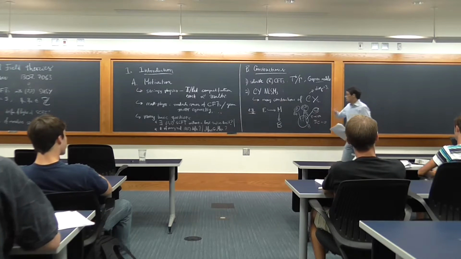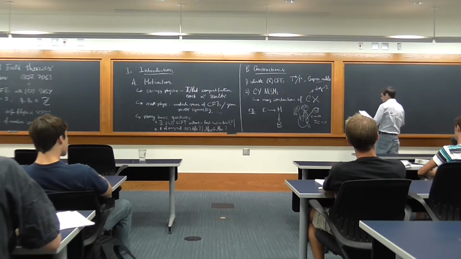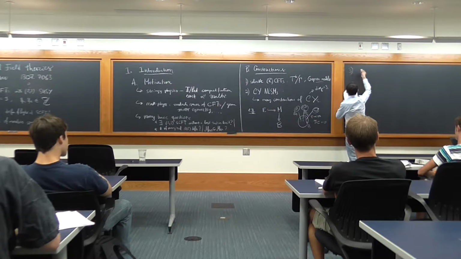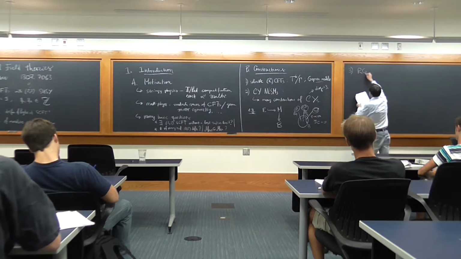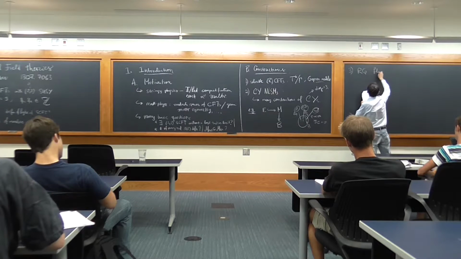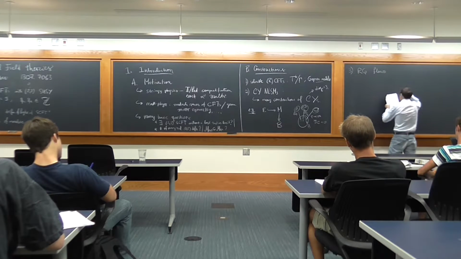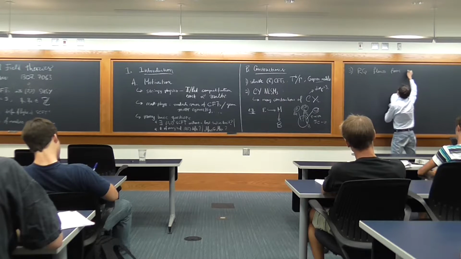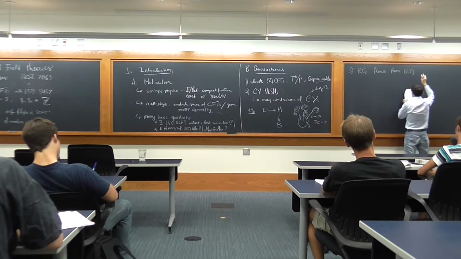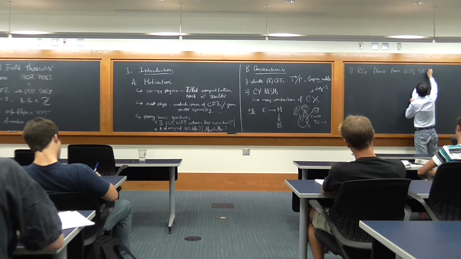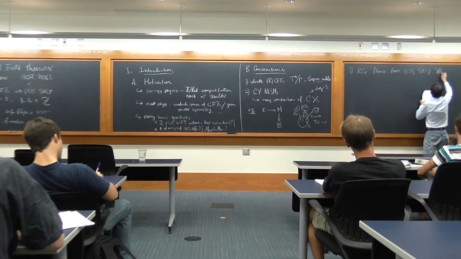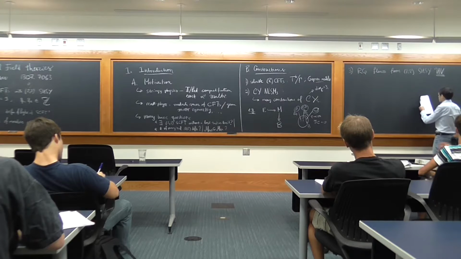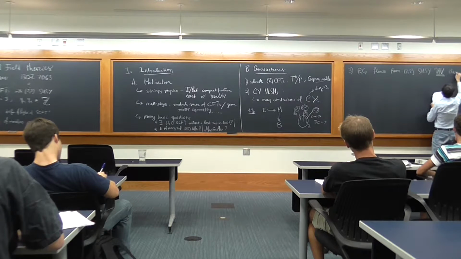Okay, so that's another way to build 2-2 CFTs. The third way, which is the one most relevant for me maybe, is via RG flow. So we start with some 2-2 supersymmetric, but not necessarily conformal theory in the ultraviolet, and we let it flow.